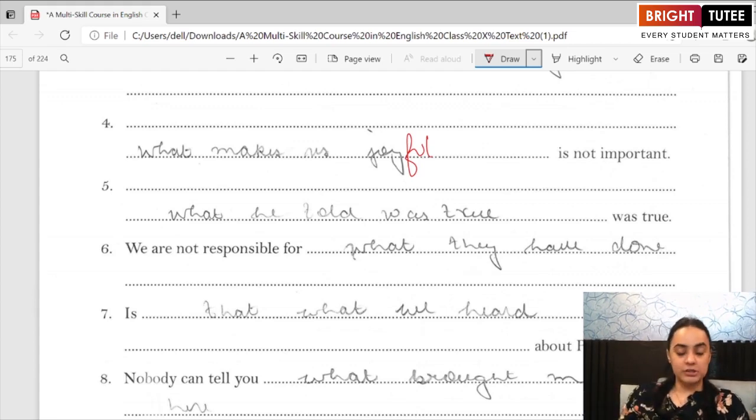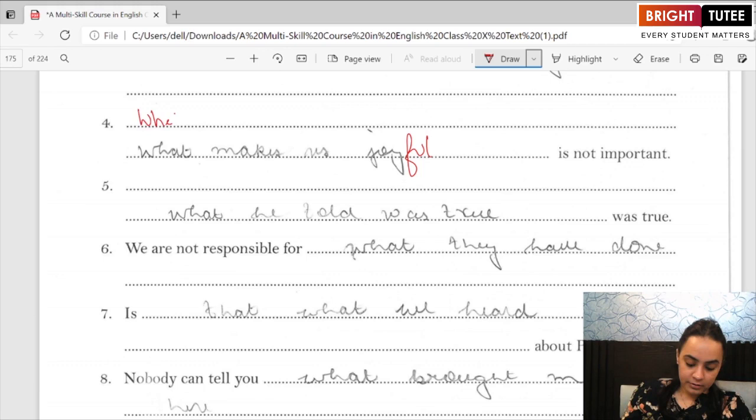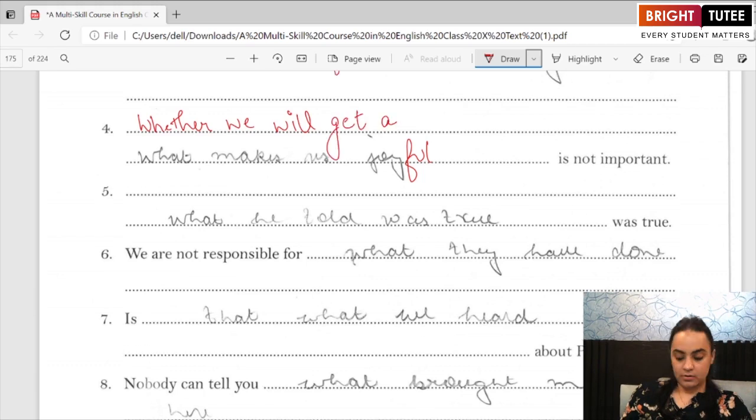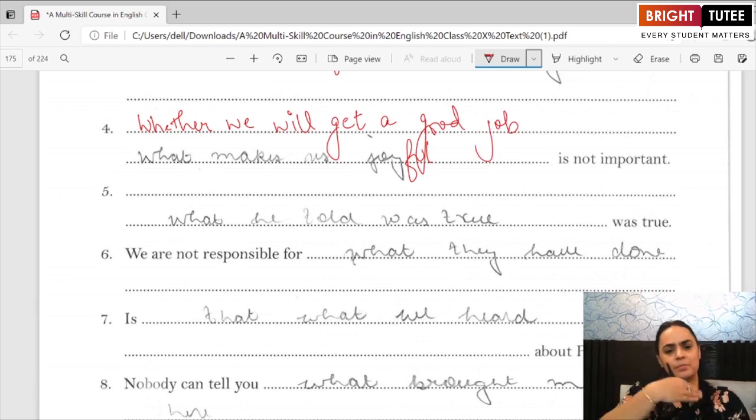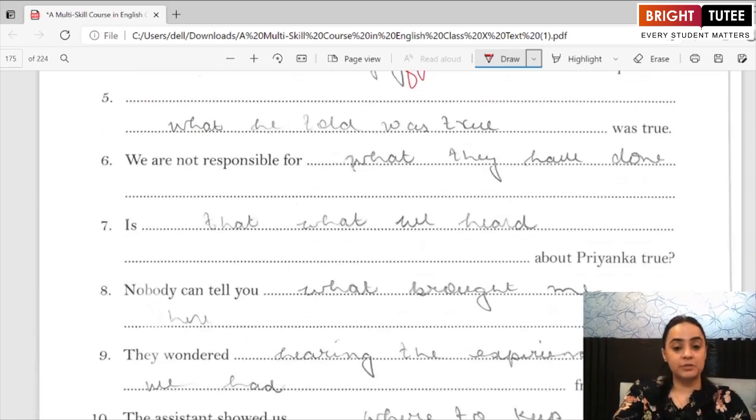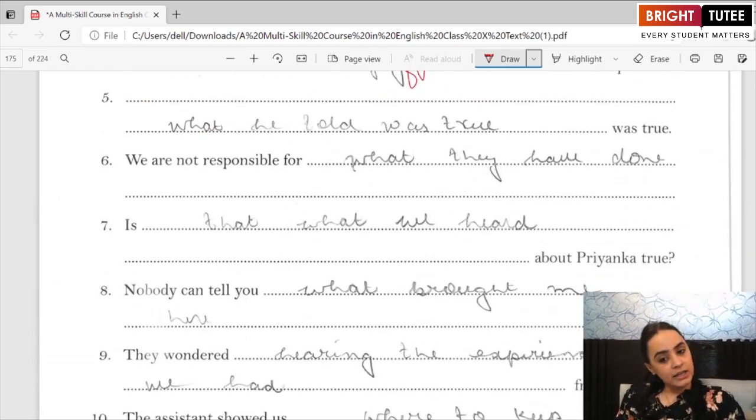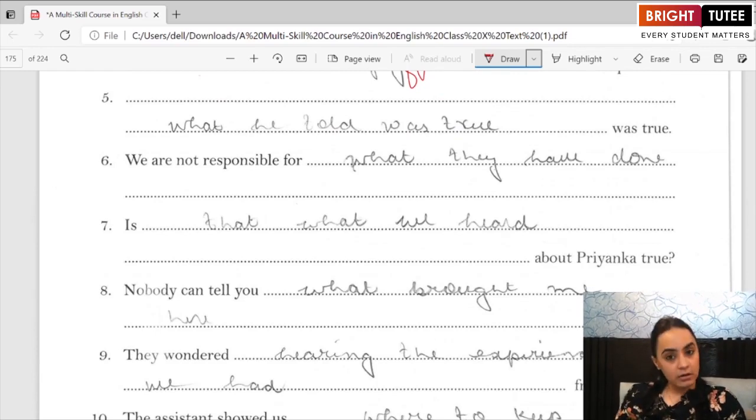Or if I reframe it using a conjunction, whether we will get a good job is not important. So there are multiple ways in which you can fill and complete your sentences. The only thing that you need to remember is that either your noun clause begins with a relative pronoun or it begins with the conjunctions if, that and whether.